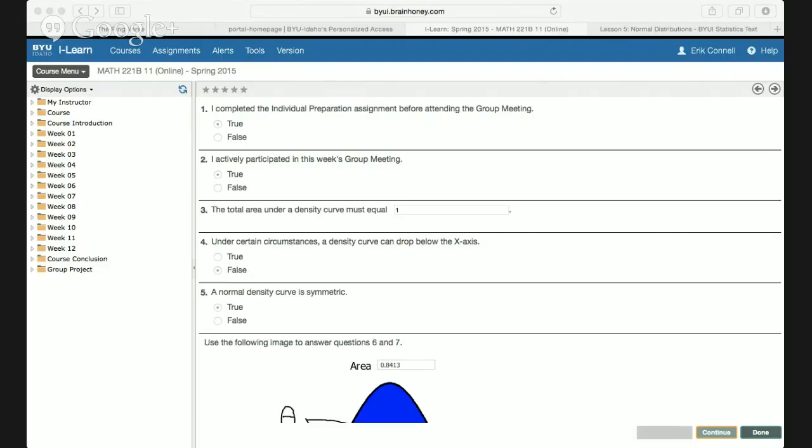Take 2,500, subtract 1,800, divide by 600. Then you plug in 1.1667 and you get both areas shaded, the middle and the other side, to get an area of 0.8783.